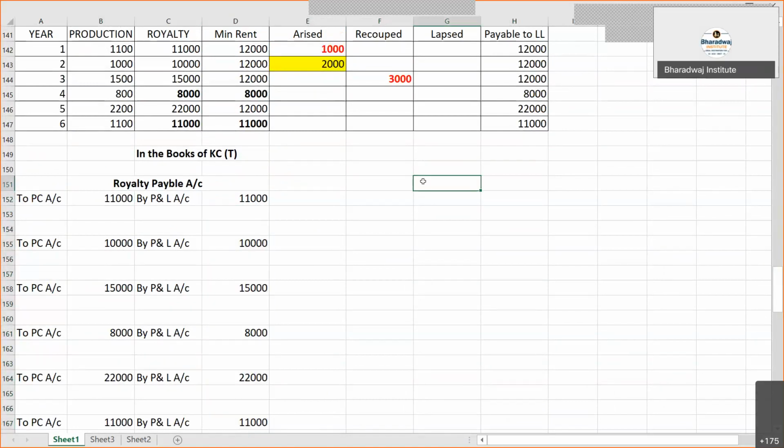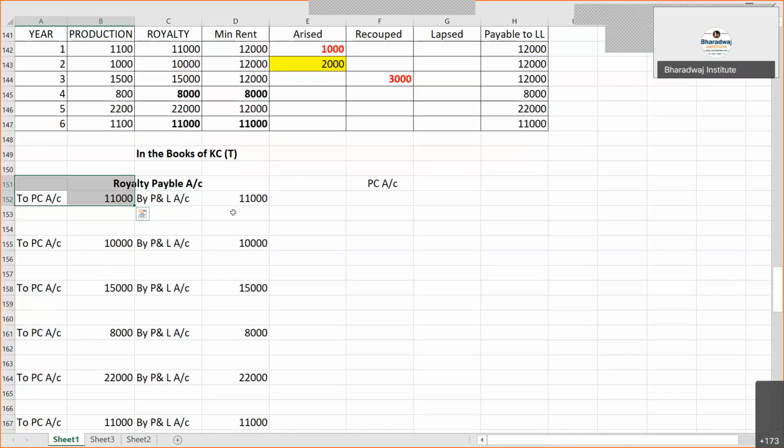So in the PC account, how will this be posted? If this is to royalty payable, how will the other one come?